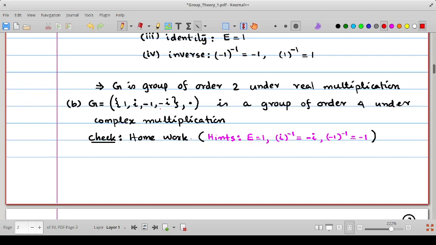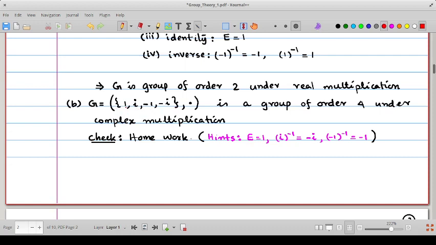The second property to be satisfied by this set of elements and this operation is the associative property, and complex multiplication is associative, and therefore that is also satisfied. Now, under complex multiplication, this element 1 is the identity, because 1 times any other complex number is that complex number. We can also verify that every element has an inverse.